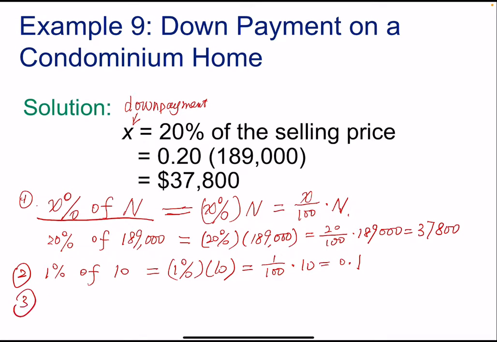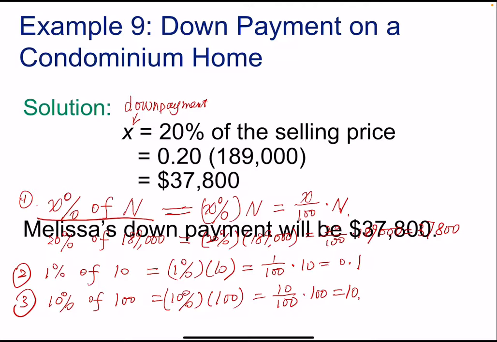Let's see, 10% of 100, or 10% times 100, equals 10 over 100 times 100, which equals 10. So once you get an understanding of this, then everything becomes fairly straightforward.